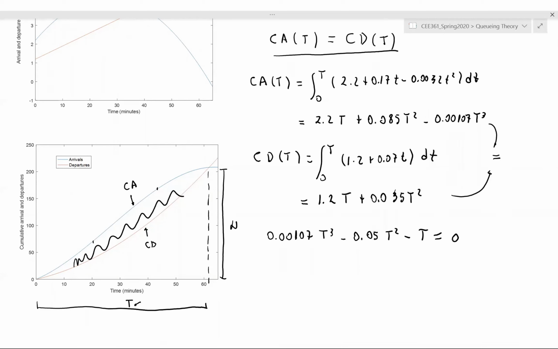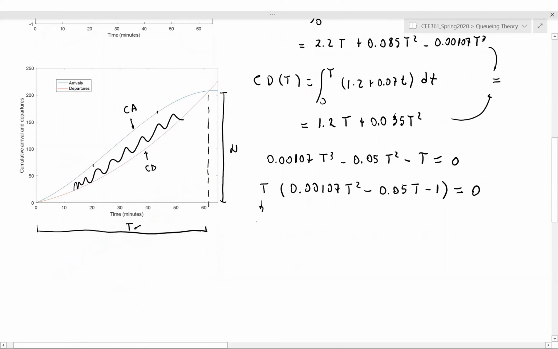You have to realize, hey, t is in the three terms, so I can take t as a common factor. So t equal to 0 will give me one root of this cubic expression, but then I have a quadratic expression here that has two roots. And to save you time, one of the roots is 61.8.